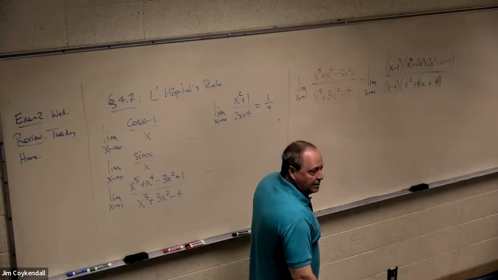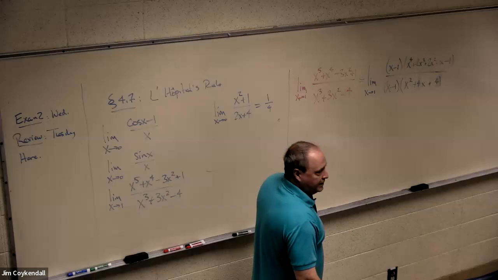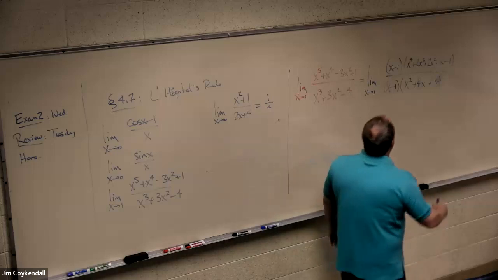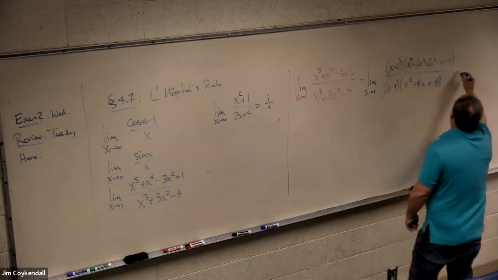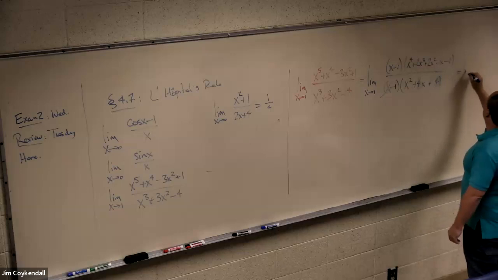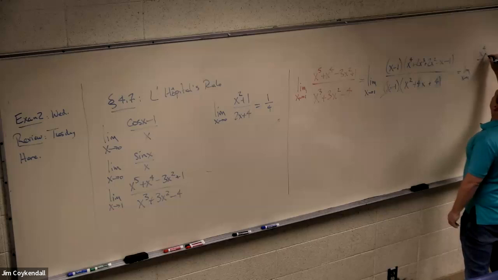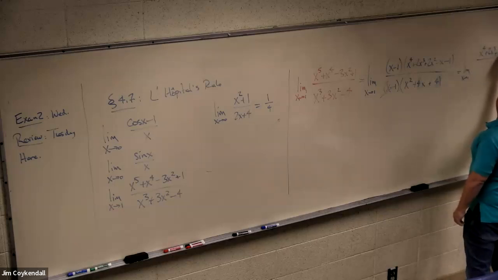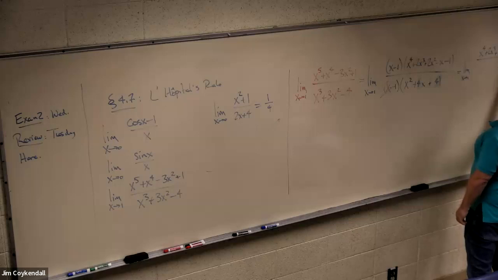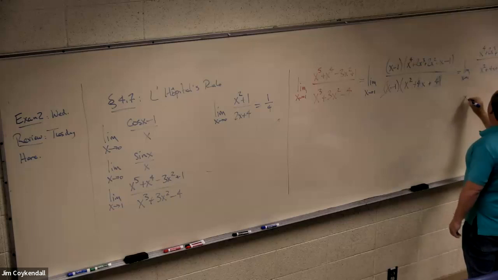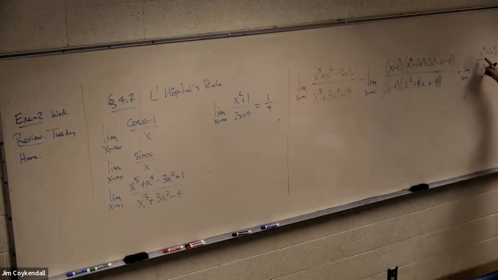Now, what do you do now? Here. And now if I try to plug in again, x to the fourth plus 2x cubed plus 2x squared minus x minus 1 over x squared plus 4x plus 4, I get plugging in 1, 3, 5 minus 2 is 3.